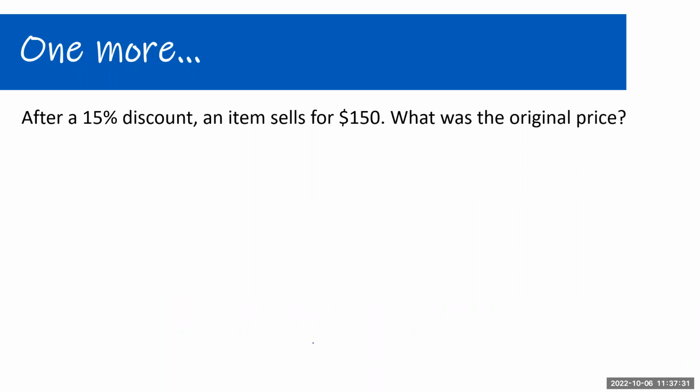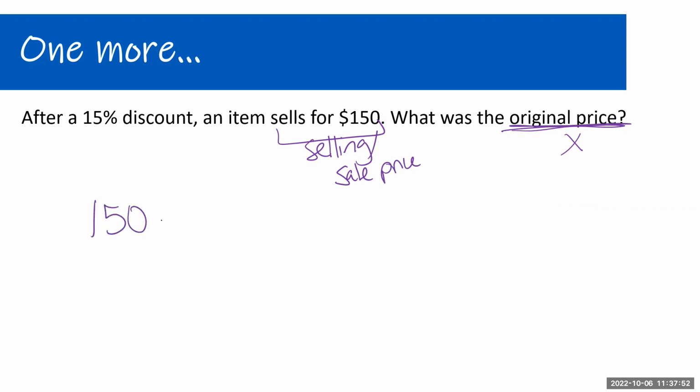Now let's work a little bit the other way. After a 15% discount, an item sells for $150. What was the original price? So now we're looking for the original price. Let that be X. This is our selling price, the sale price. So our sale price is 150, and that's going to be equal to our original minus 15% times our original.